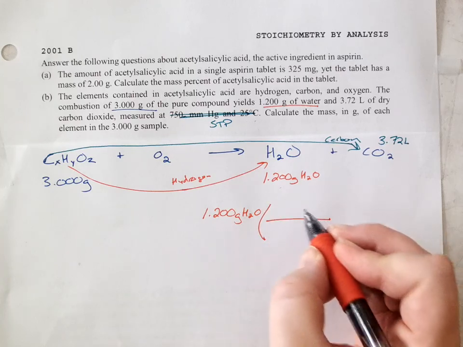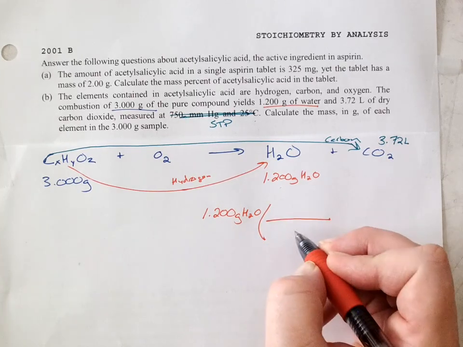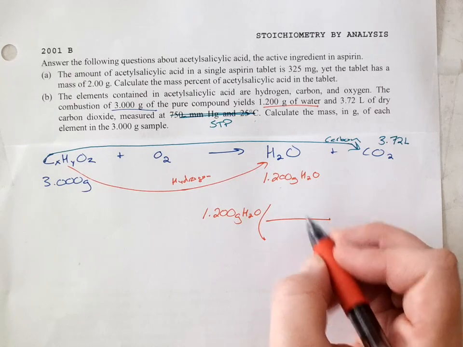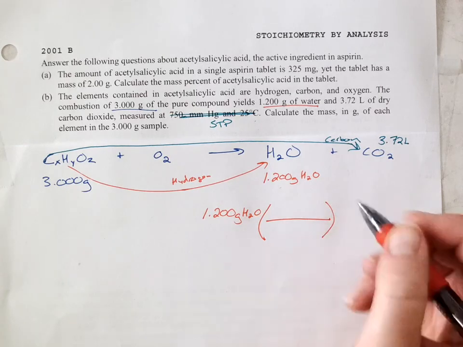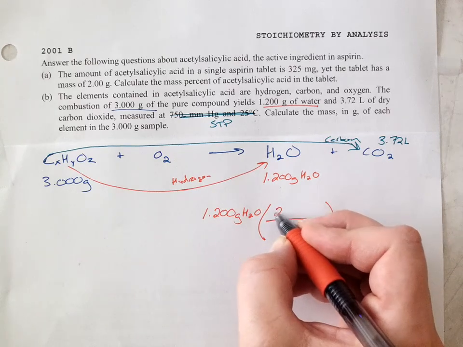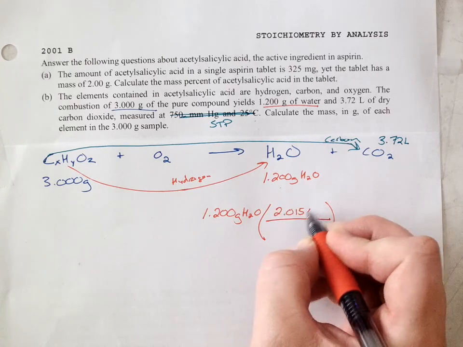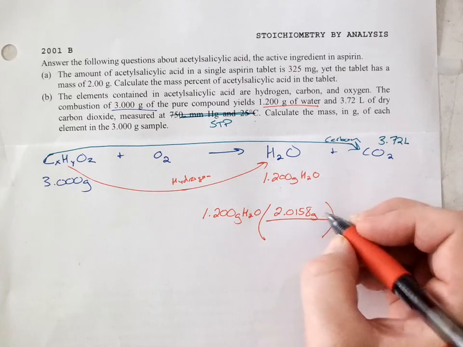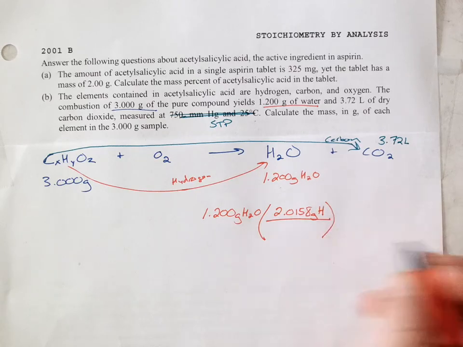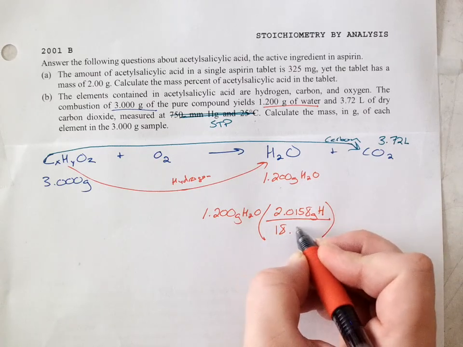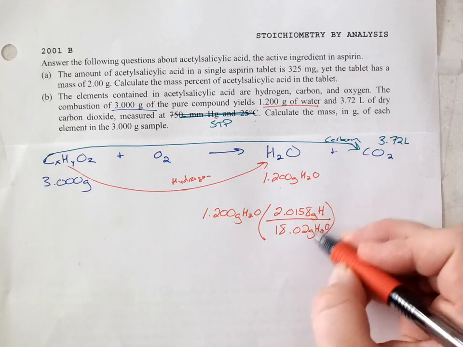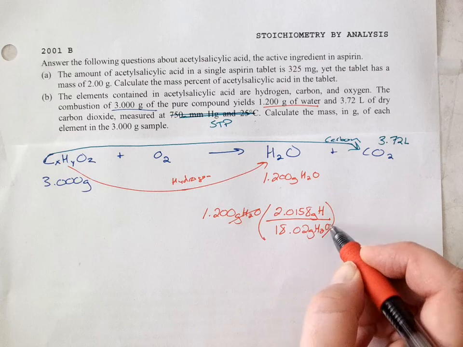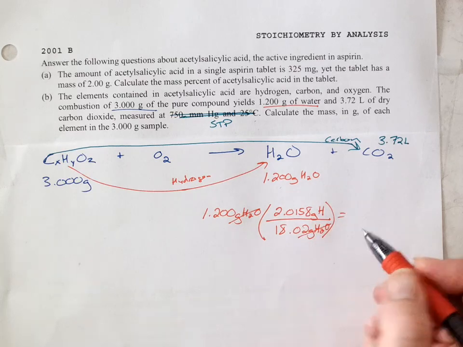If I put the mass of 2 hydrogens on top and the mass of water on the bottom from the periodic table, this is like my percent by mass of hydrogen in water. So 2 hydrogens, 1.0079 times 2. And then the whole water. Okay. If I do it this way, you'll see that the grams of water cancel out. I'll be left with grams of hydrogen.